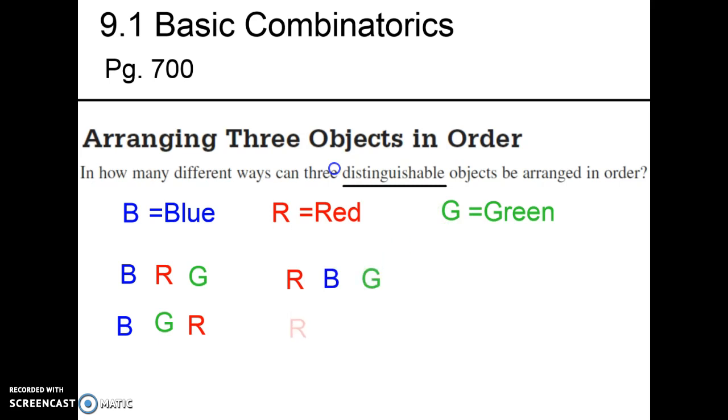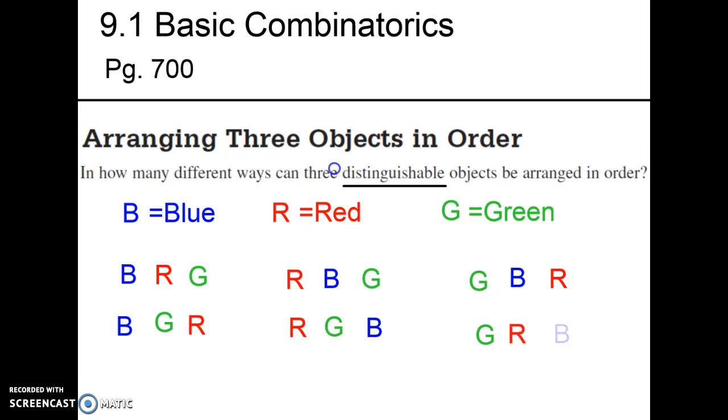And then the other way to start with red would be to have green in the middle and blue last here. So those are all the arrangements that we can start with red. And then finally, starting with green, we could go green, blue, red, and then we could go green, red, blue.